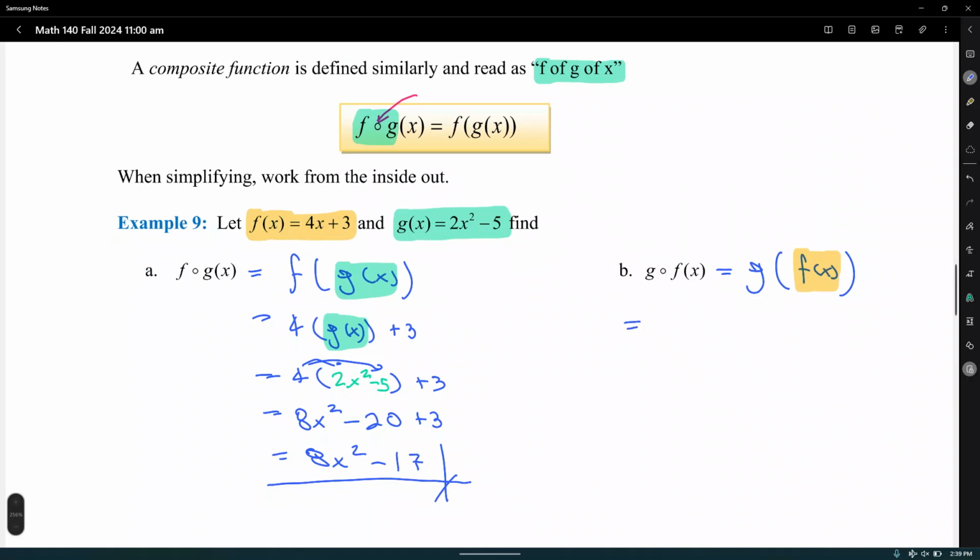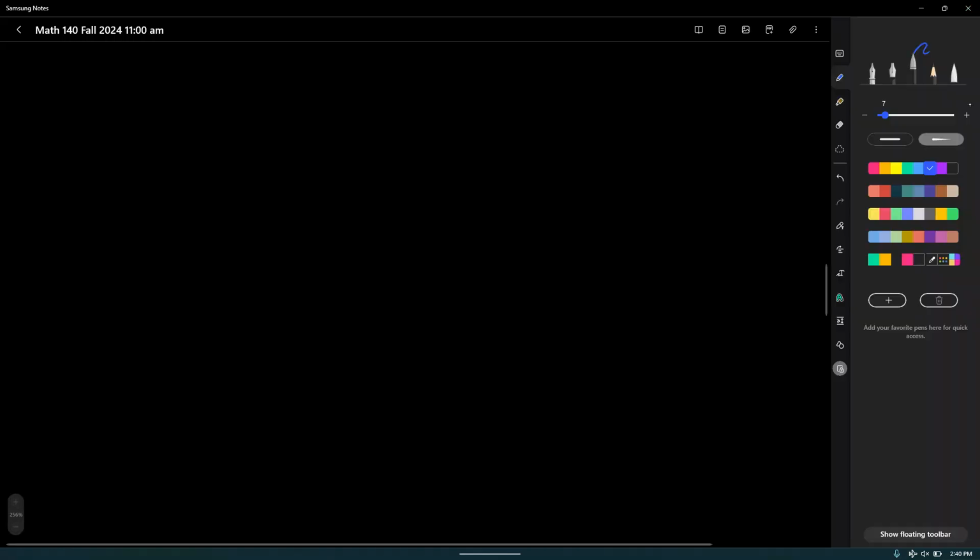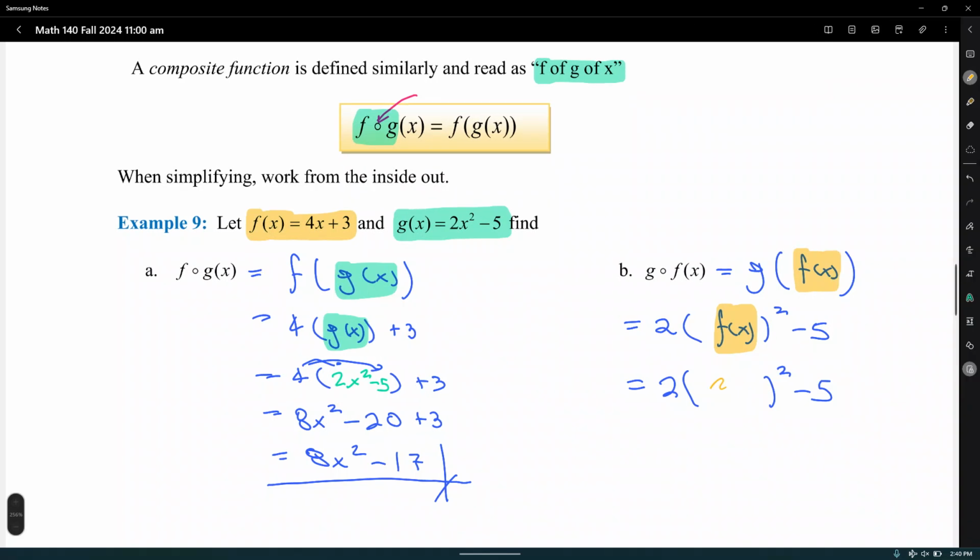The function g is 2 times x squared minus 5, and in place of x we put f of x. Let's substitute: 2 times the function f, quantity squared, minus 5, where f is 4x plus 3.